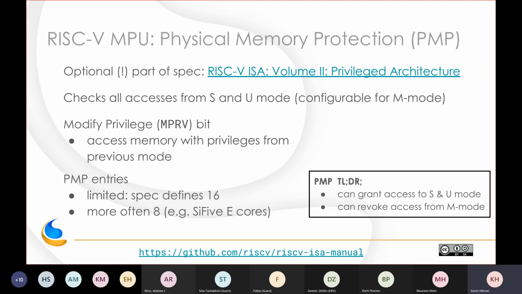So the cores that we're talking about here for this project only had 8 PMP entries. That's basically 8 memory regions that you can protect at any given time. That provided a bit of entertainment and complexity in this implementation, so we'll get into some of that as well.